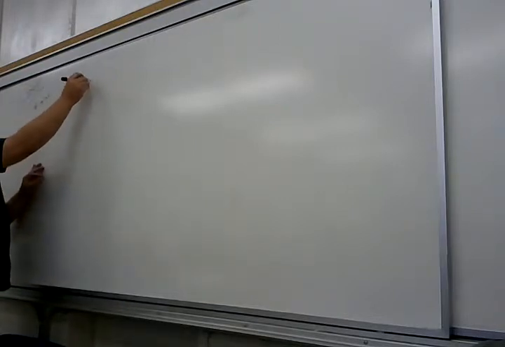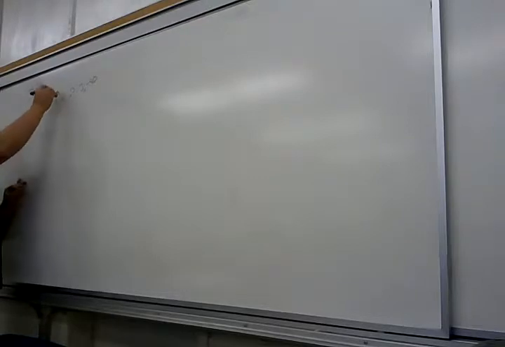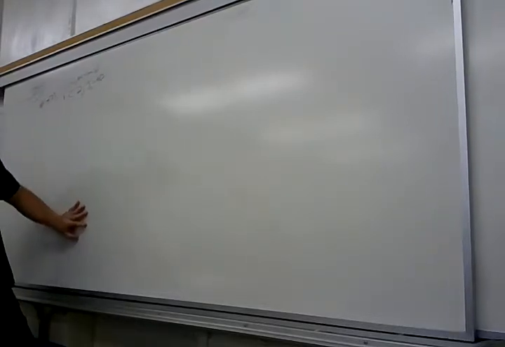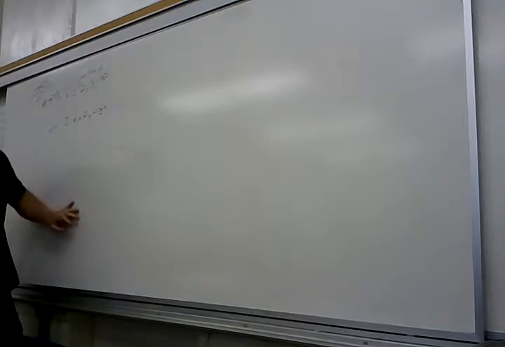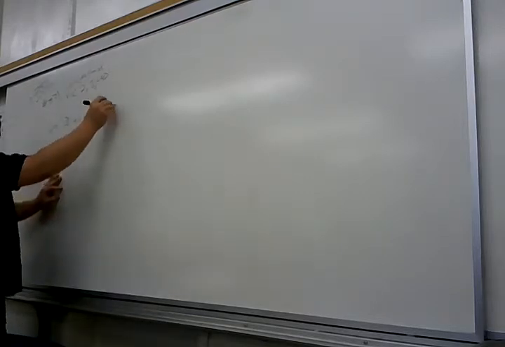87 says find the projection of this on the plane 3x plus 2y minus z equals 0.